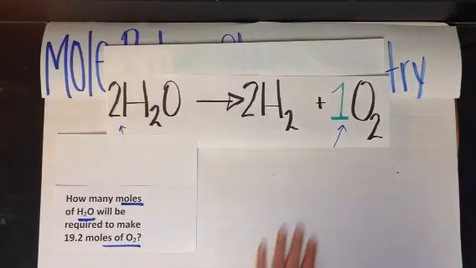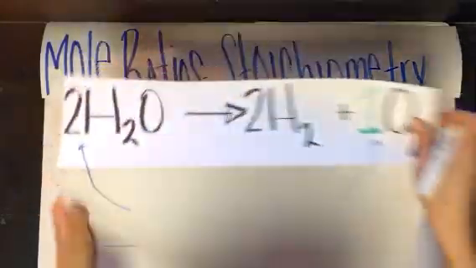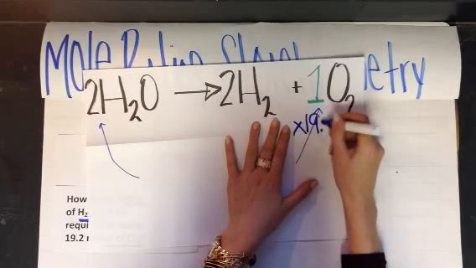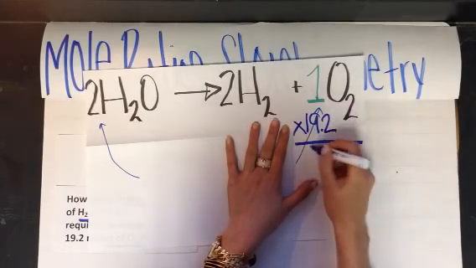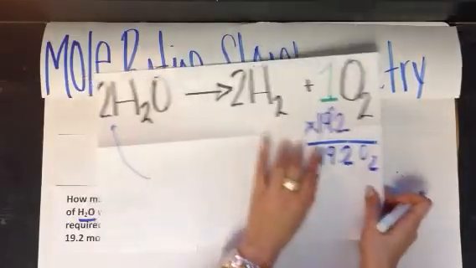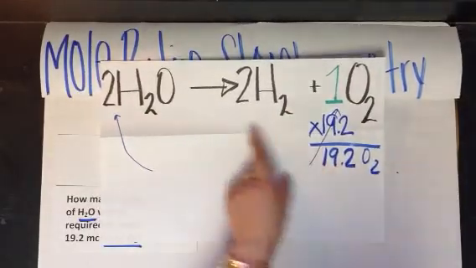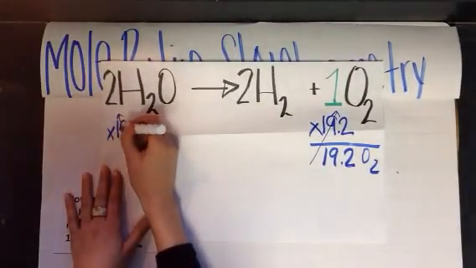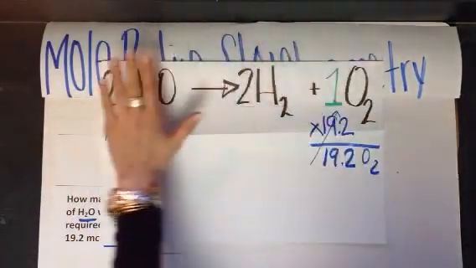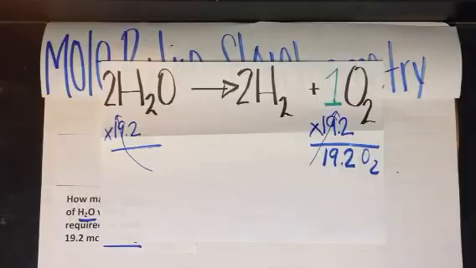I want to make this. So if I multiply this by 19.2, my moles, I get 19.2 oxygens. Well, if that's the case, then I have to multiply everything by 19.2 if I want to see how much of the water I needed to begin with.